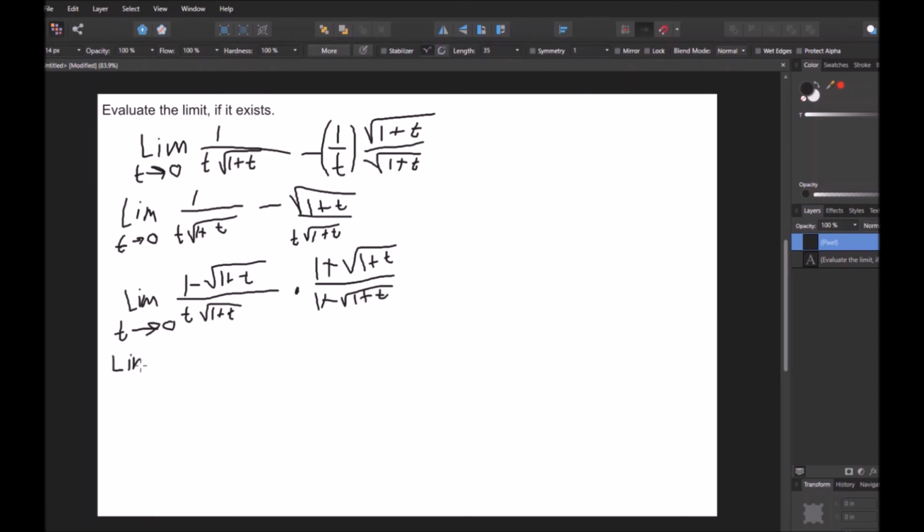So that's going to give me the limit as t approaches 0 of 1 minus 1 plus t, like that. And then this is going to be t times the square root of 1 plus t times 1 plus the square root of 1 plus t.